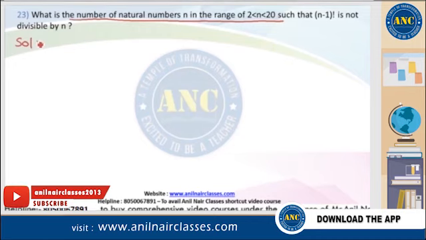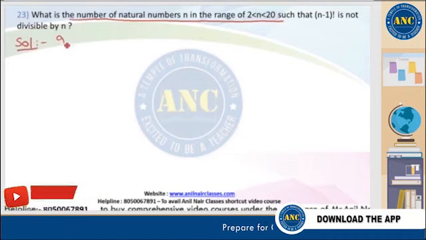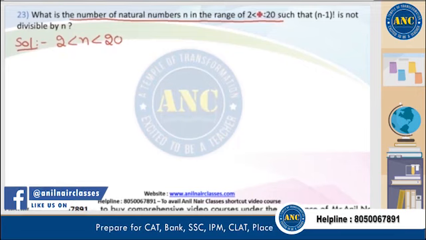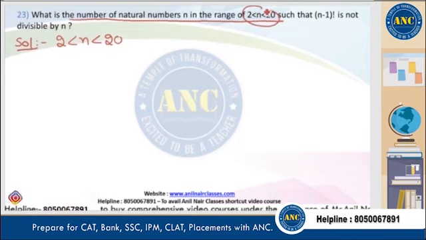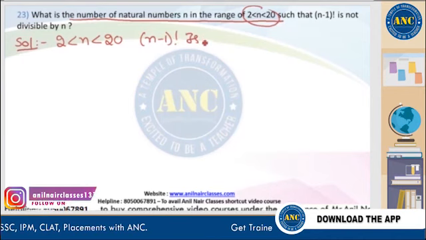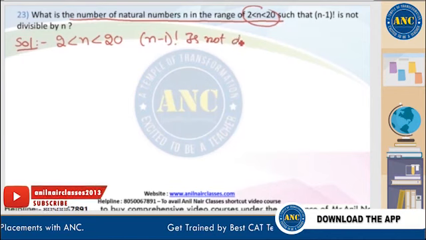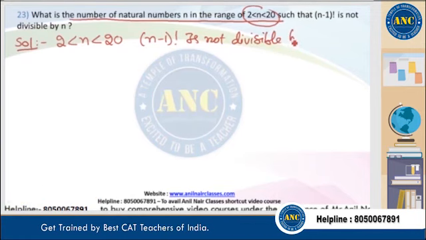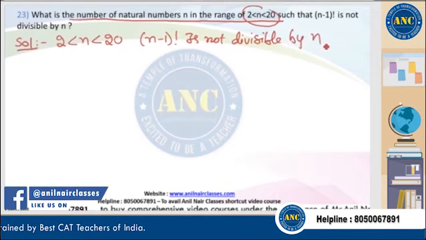First we will write the important key points. N should be in the range 2 less than n less than 20. Second key point, n minus 1 factorial should not be divisible by n.